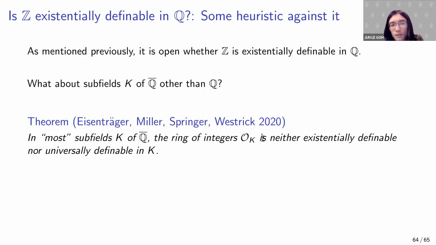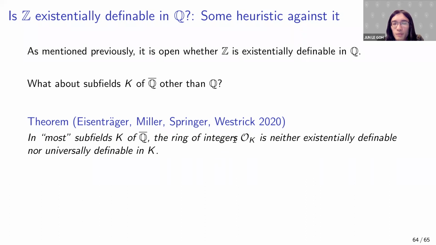They showed that in most subfields of the algebraic closure, this ring of integers, which is the usual notation for the ring of integers in a number field, is neither existentially definable nor universally definable in K. I'll say a little bit about what most means, because right now this theorem is not precise.